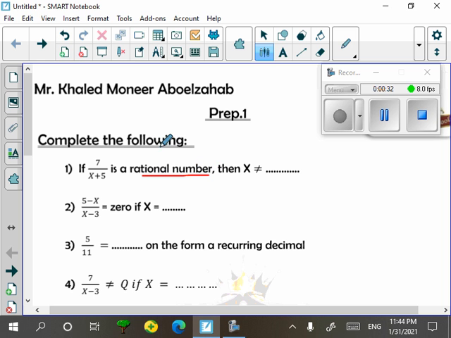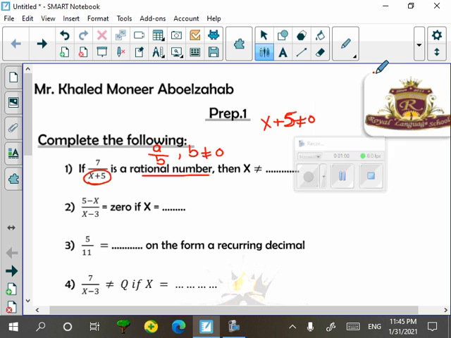The definition of a rational number is a over b, when b is not equal to 0. So x plus 5 must not be equal to 0. Moving 5 to the right-hand side, x is not equal to negative 5.